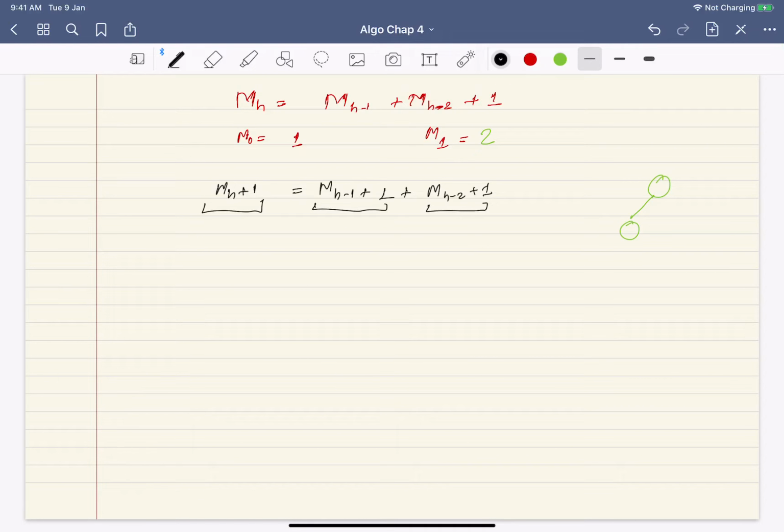And now let nh be mh plus 1. So that implies nh is equal to nh minus 1 plus nh minus 2, and now this becomes the recurrence for the Fibonacci series.